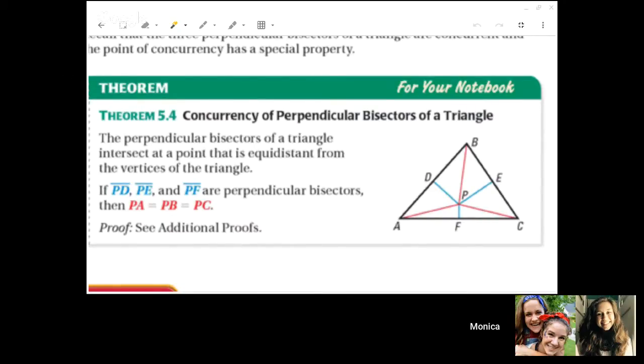Yeah, Isabel, we're going to use, and Lily, both of you. Yeah, good job. We're going to use the concurrency of perpendicular bisectors.